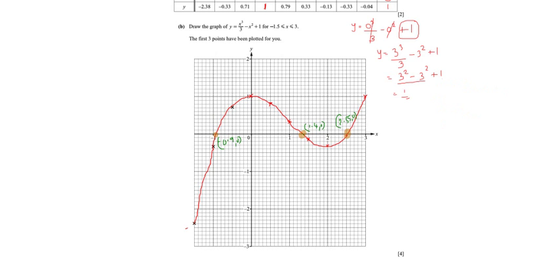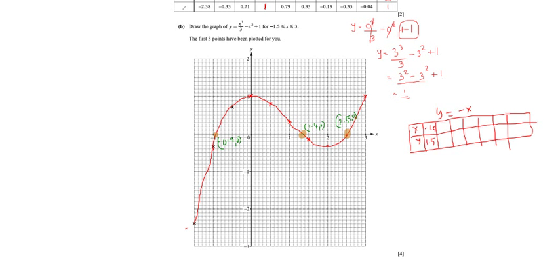So for y is equal to minus x, let's make the table, x, y. Here the values start from minus 1.5 to 3, so I'm starting from minus 1.5. When x is minus 1.5, y will be 1.5.